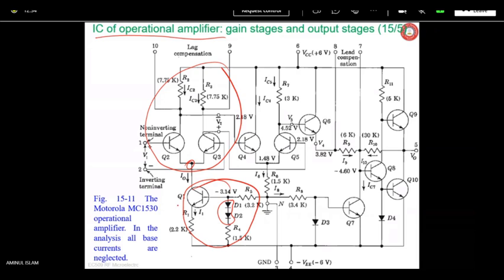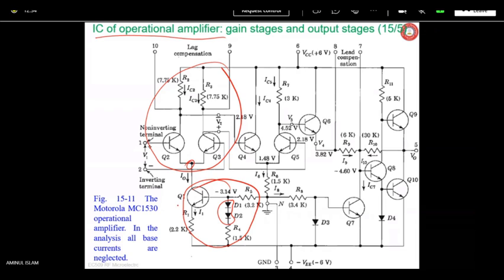The voltage VEN6 is 3.82 volt. It must be reduced to 0 at the amplifier output while DC coupling is maintained. I mean to say, here it is 3.82 volt and here it is 0 volt, VO equals 0 volt.